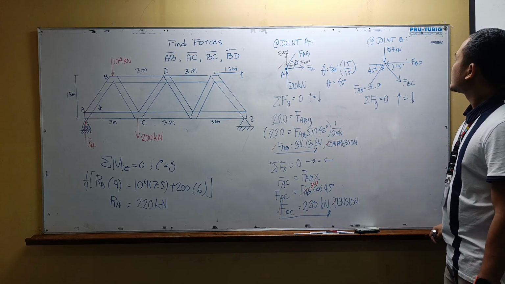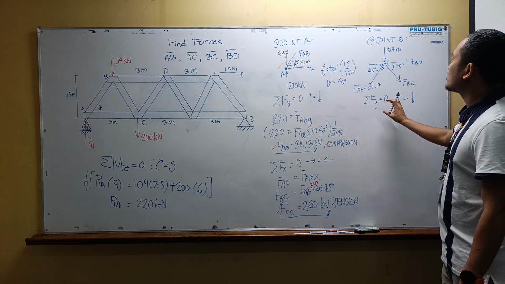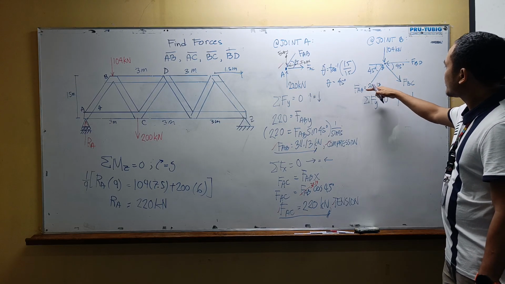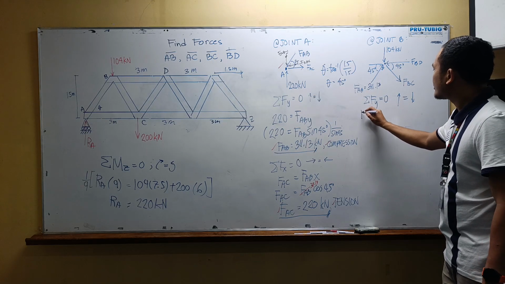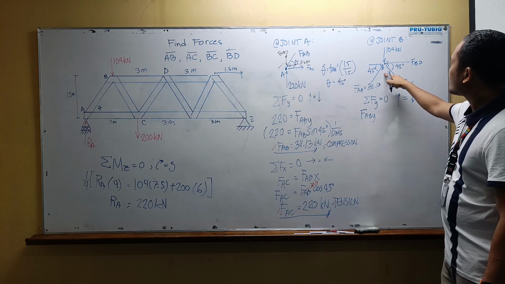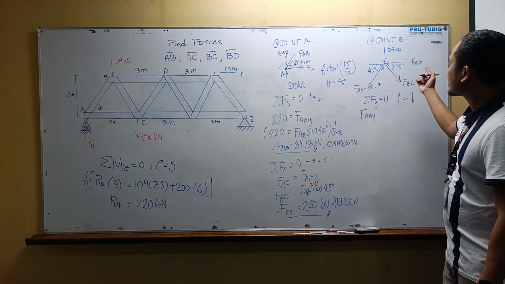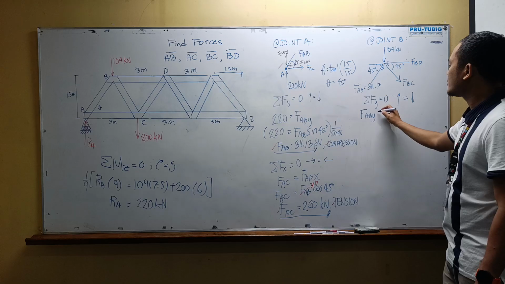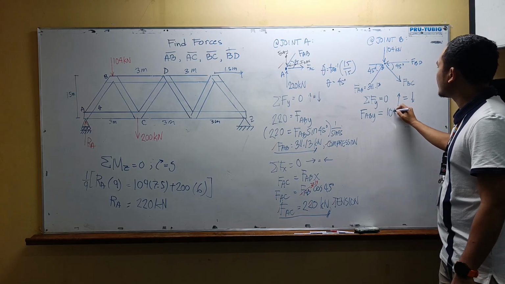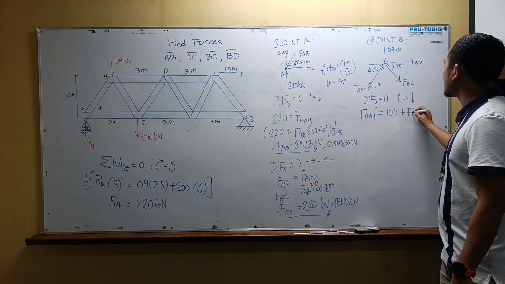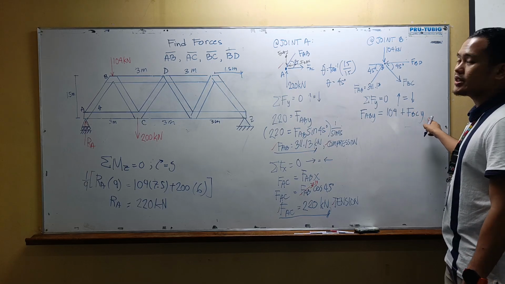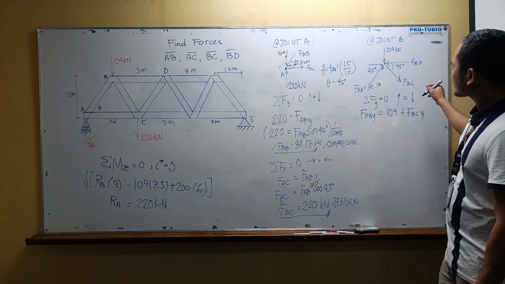Alright, so when you do your summation of forces in y, we get this one, FABY, sorry. And then I guess that's the only force going up, assumed. And then this one, 104 going down, and FBCY. FABY, FBCY. Okay.